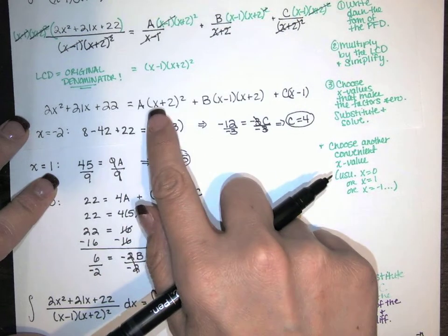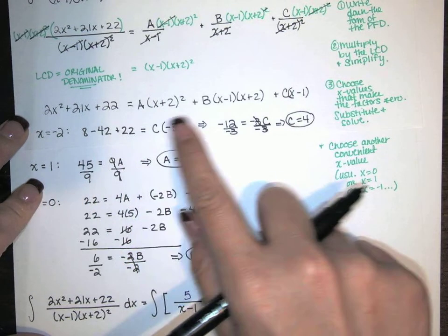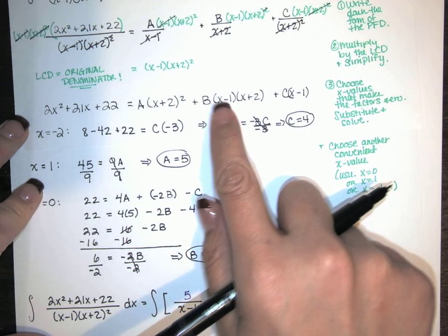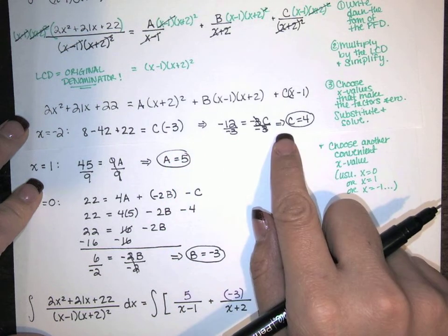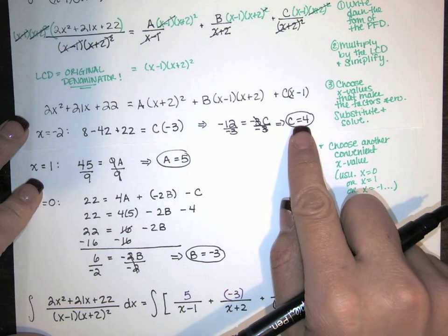When x is negative 2, that one's 0. When x is 1, that one's 0. But that wasn't enough to get me my a, b, and c. It only got me my a and my c. Unfortunately, I was only able to get a and c using those.